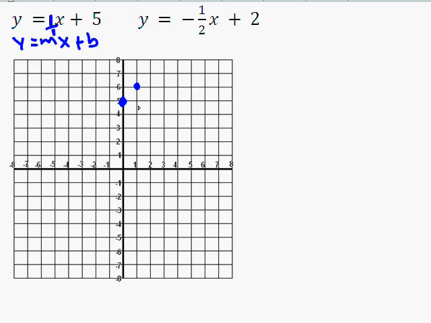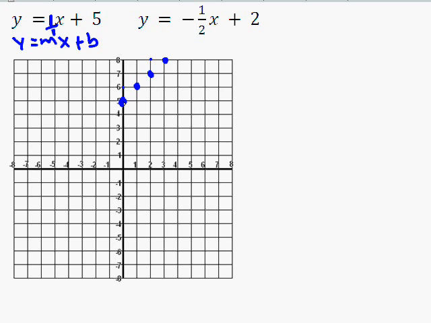Now, when we're solving by graphing, especially by hand, we're going to want to plot every single point possible that'll fit on the graph. So I went up 1 to the right 1 because my rise over run was 1 over 1. And I'm going to go up 1 to the right 1 again, and up 1 to the right 1 again.